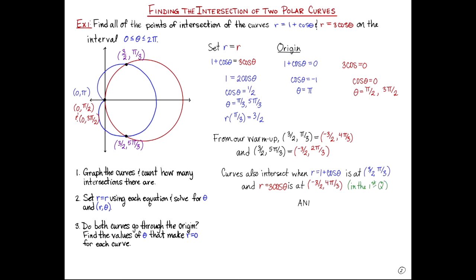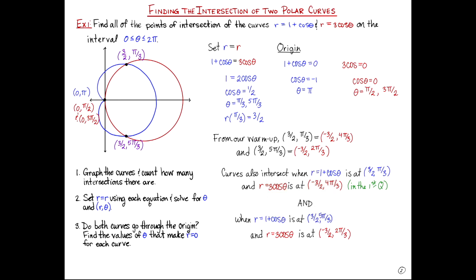And not forgetting about our fourth quadrant, r equal to 1 plus cosine theta is at the point (3/2, 5 pi over 3), and r equal to 3 cosine theta is at (-3/2, 2 pi over 3). Big picture, that means that these two curves can intersect at different values of r, theta.